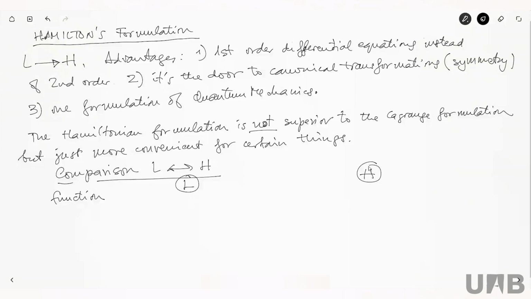So the function in the Lagrange formulation is the Lagrange function of Q, Q dot, and T. Okay, let me just write more clearly. And in the case of the Hamiltonian, it is another function which depends on Q, P, which I will have to define, and T. Okay, equations of motion.